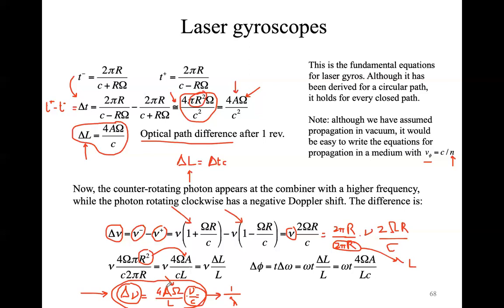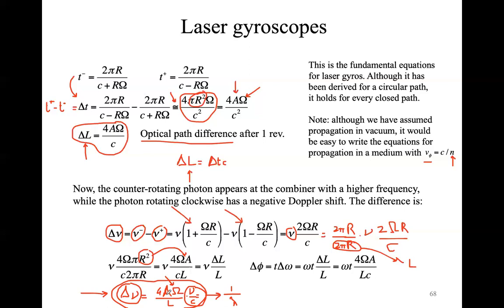So in order to amplify the measurement, for small rotation of omega, if you want to amplify this signal and be able to measure your delta frequency, the beating frequency, you have to increase the area of the ring laser gyroscope.